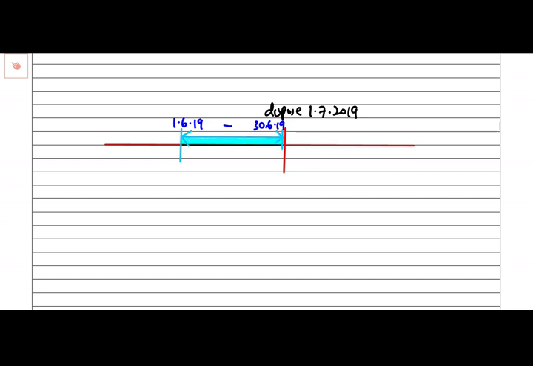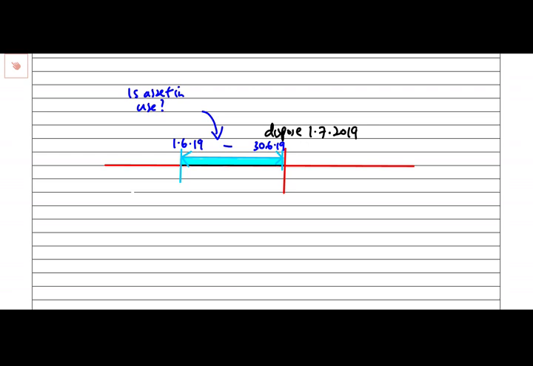Is the asset in use? Now, if the answer is yes, the disposer can claim the agriculture allowance. If the answer is no, then sorry, don't have.